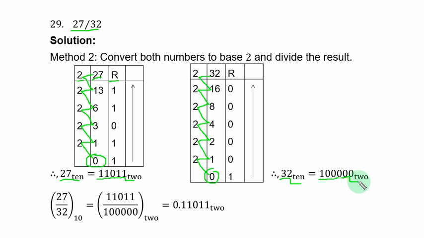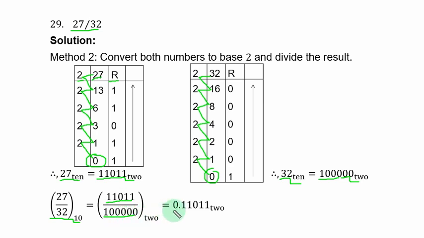What it means is that 27 divided by 32 in base 10 is simply the result for 27 in base 2, 11011, divided by the result for 32 in base 2, 100000.